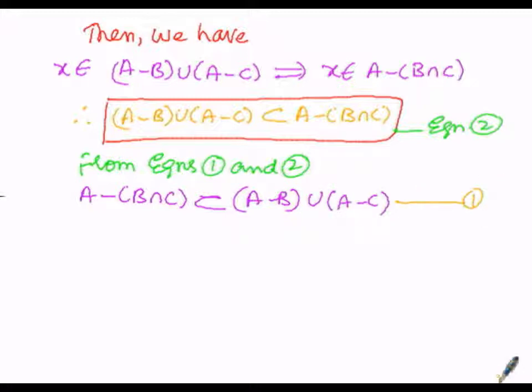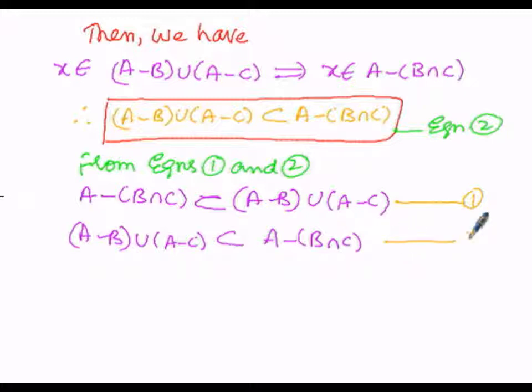The second one is A minus B union A minus C is a subset of A minus of B intersection C, and this is our condition number 2 or equation number 2.